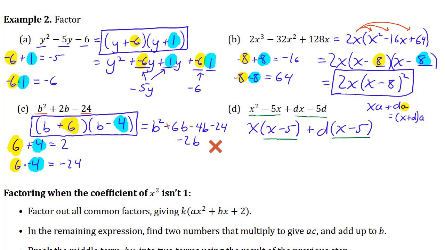You could just take out the a from it, right? Well, here you have x minus 5 and x minus 5. You can factor that out. And what's going to be left over is x plus d.